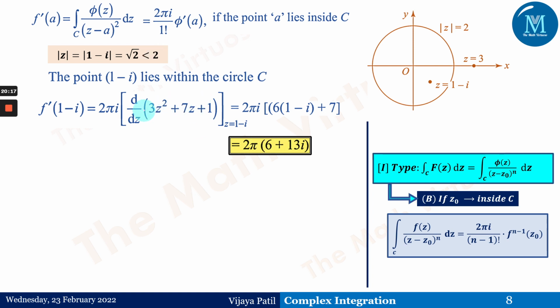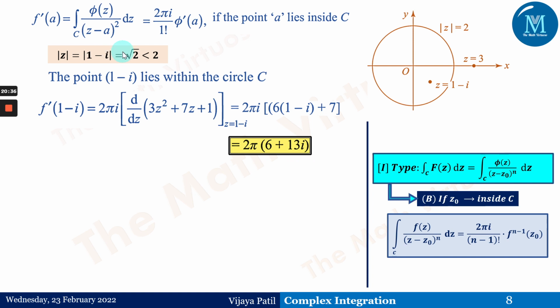So we have to find the differentiation first. f'(1 − i) is 2πi times d/dz of this function, which comes out to be 2πi times (6(1 − i) + 7), which is 2π(6 + 13i). This is the value we got.